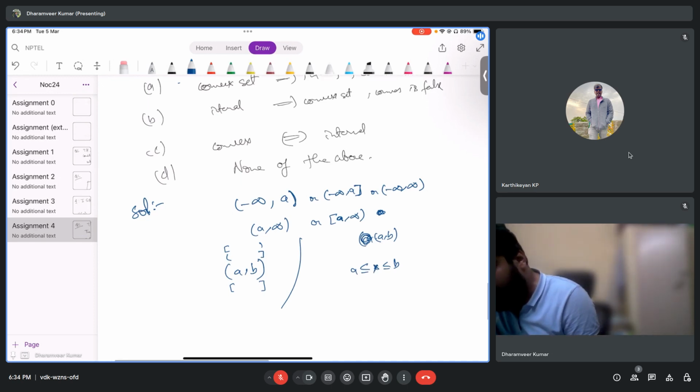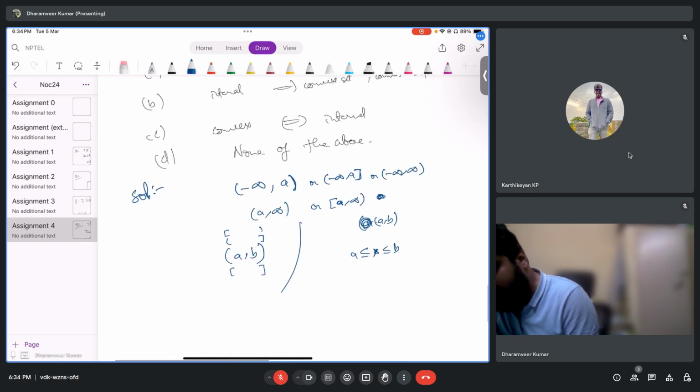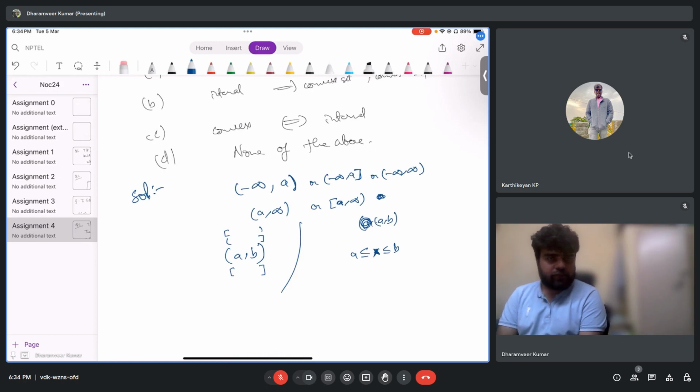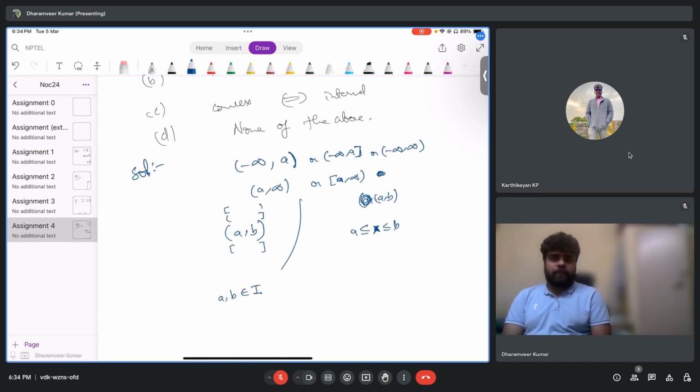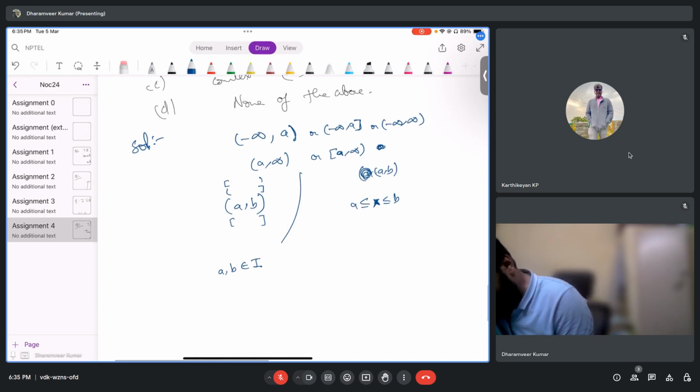Now if I take two points inside an interval, let's say x, y in the interval, that means x and y both are greater than or equal to a.